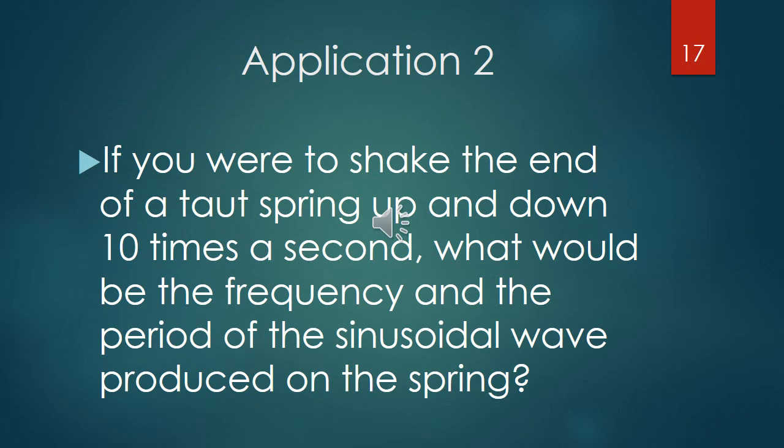Another application about the characteristics of the wave. If you were to shake the end of a slinky spring up and down 10 times a second, what would be the frequency and the period of the sinusoidal wave produced on the spring? So in this application we need to calculate the frequency and evaluate the period of the wave.